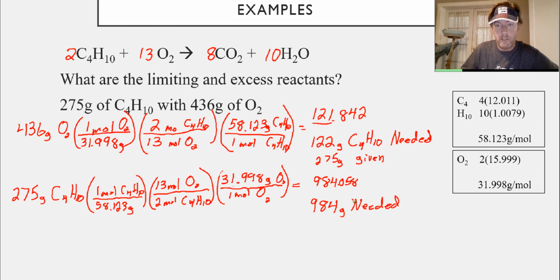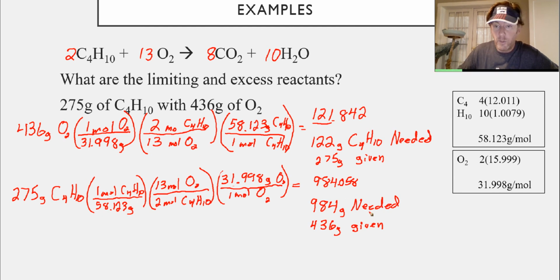This is O2 that's needed, right? I was given 436 grams. That's my given value. So I wasn't given enough, right? I'm going to run out of the oxygen. So I have excess butane.